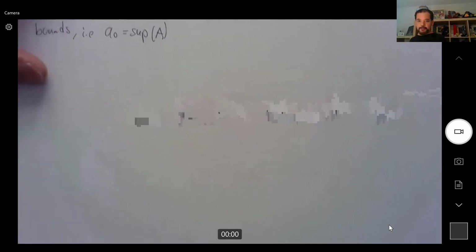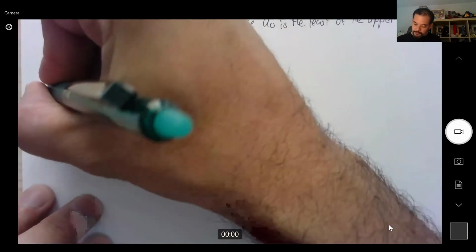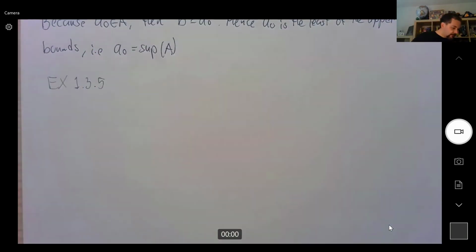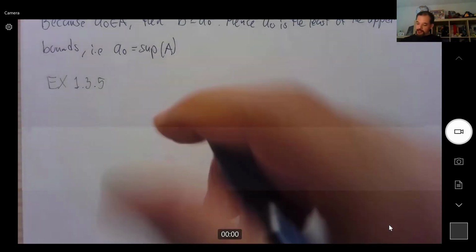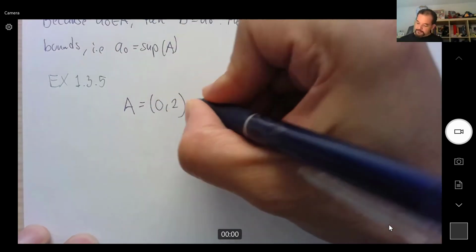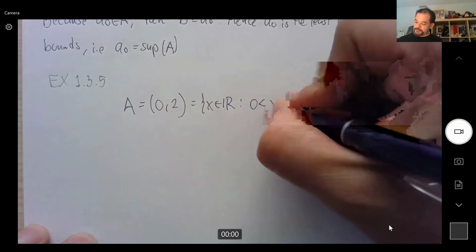So here's another example with some very familiar sets. This is example 1.3.5 in our book. All right, so what if we now consider this set, the open interval 0 to 2. These are the real numbers that are strictly between 0 and 2.